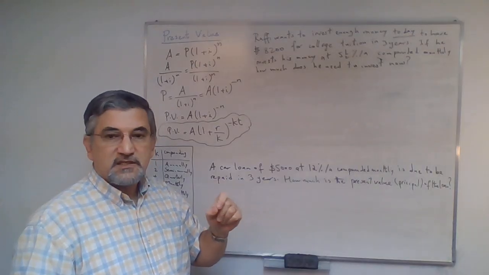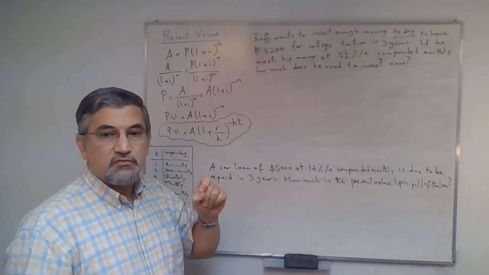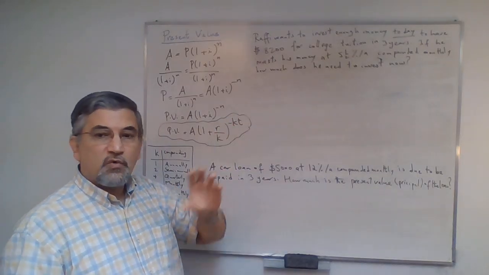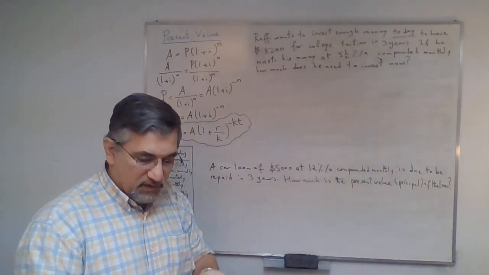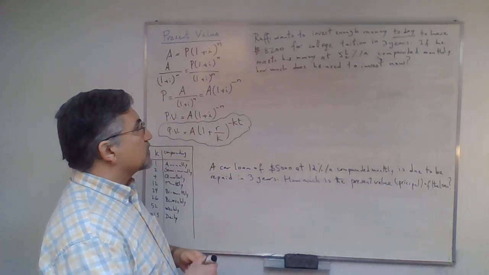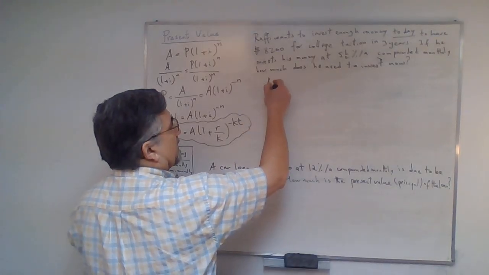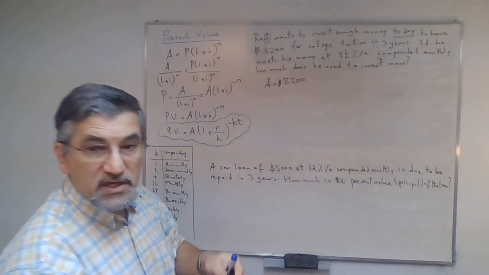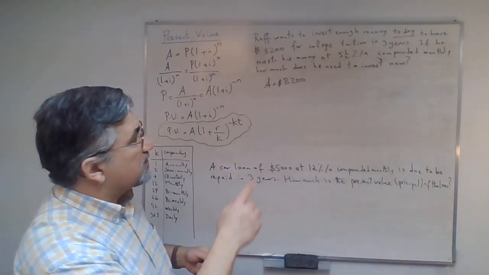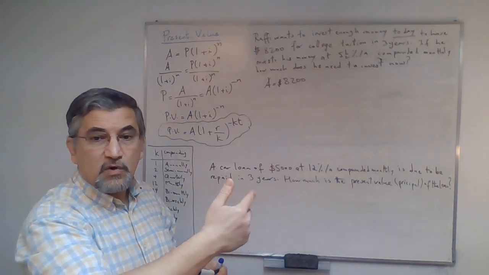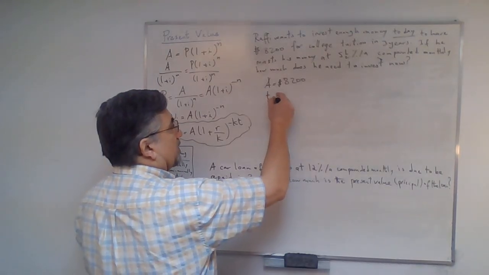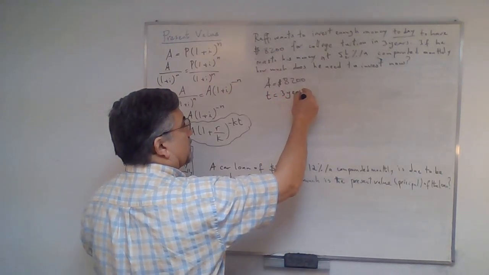This means it's extremely important for you to read the question very carefully to fully understand what kind of financial math problem is in front of you. So this A is $8,200, and it is not the P. And it says that the money is required in 3 years. So that means that time is 3 years.